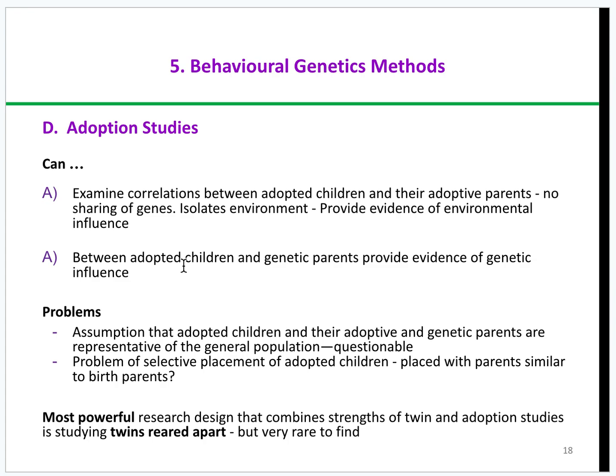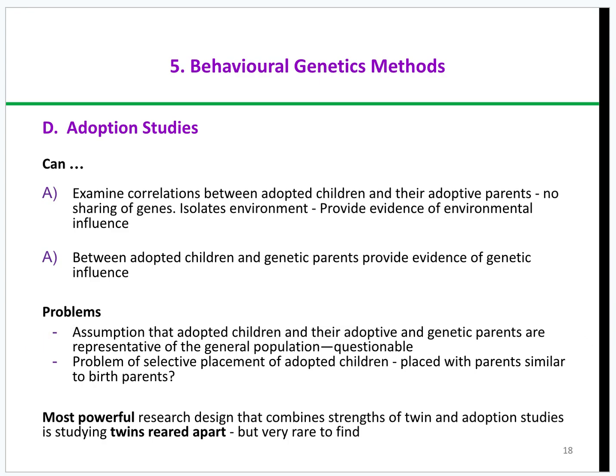If we are very similar, that is evidence of a genetic component to that trait. So we should have similar scores on intelligence tests whether the child was with me or was adopted. You can also look at similarities between my child who was adopted out and their adoptive parents, because if they are very similar on certain scores, that provides evidence of the environmental effect.